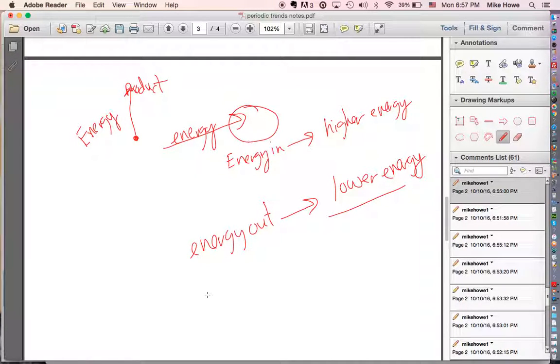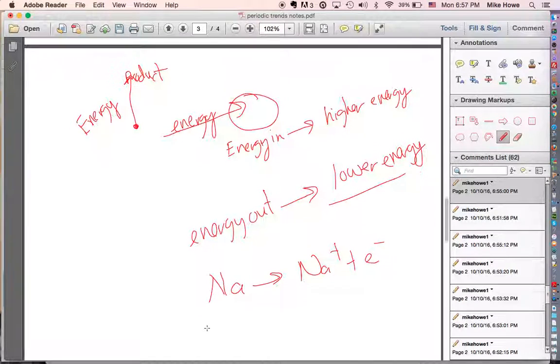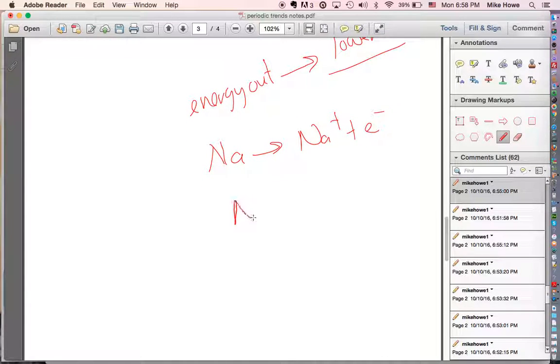All right, so if I ask a question and say, well, suppose you have this equation. Where should energy go? You know that's ionization energy. Ionization energy is always positive. Energy is always required to remove an electron, so it'll be over here. So really what that means is, if I asked you which is higher in energy, this or Na plus, you know it's Na plus that's higher in energy because you had to put energy in.